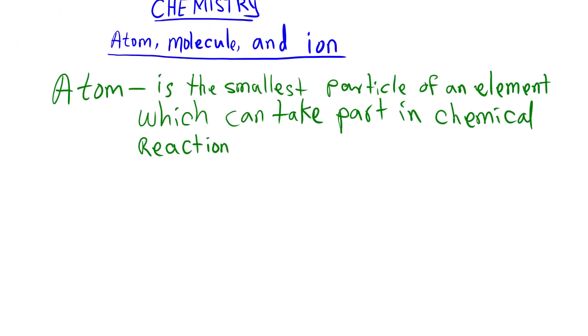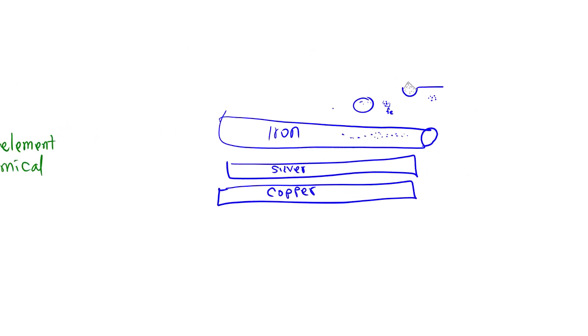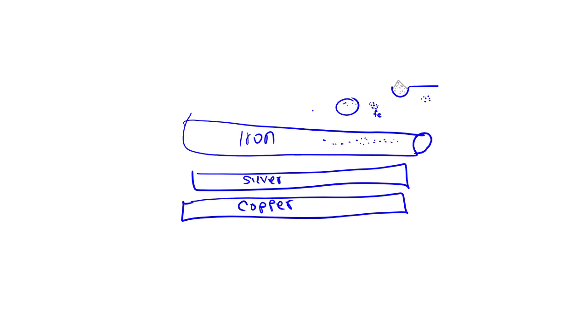So this is atom. Atom is the smallest particle of an element, the single particle, or smallest possible particle of an element, which can take part in a chemical reaction.